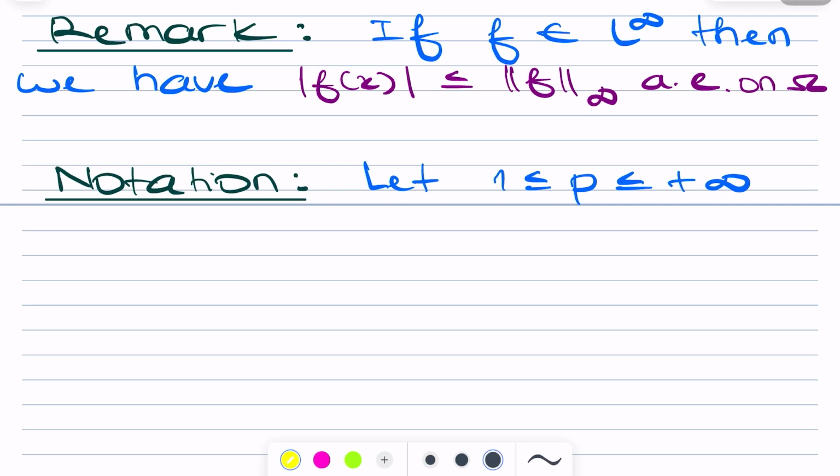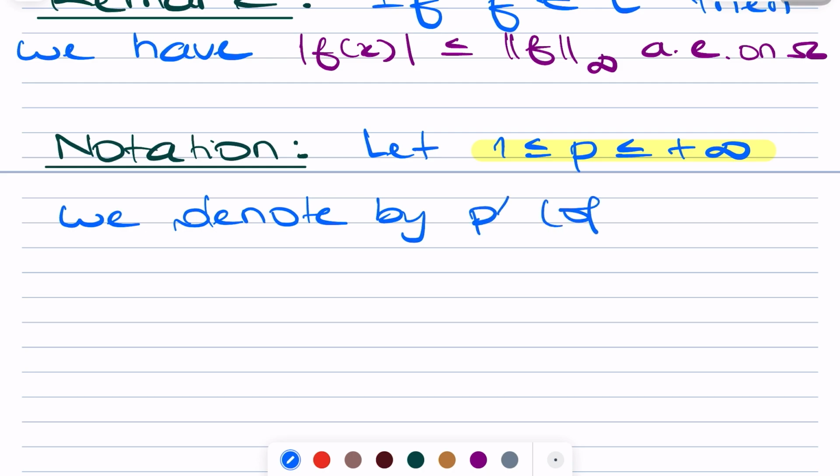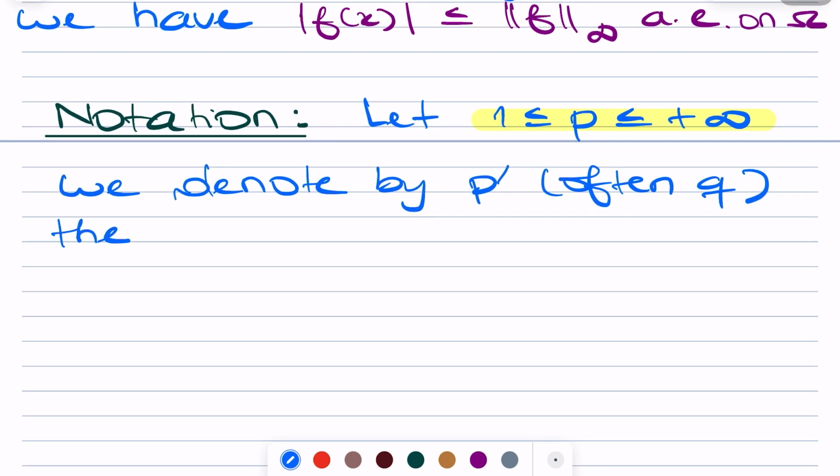We denote by p prime, in some books it's denoted by q, the conjugate exponent of p.